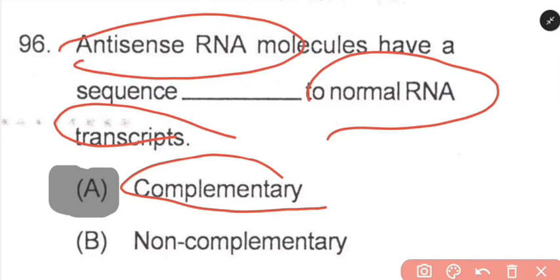Antisense RNAs are RNA molecules with an antisense sequence which are complementary to messenger RNA, and by that, amino acid sequences will be developed.